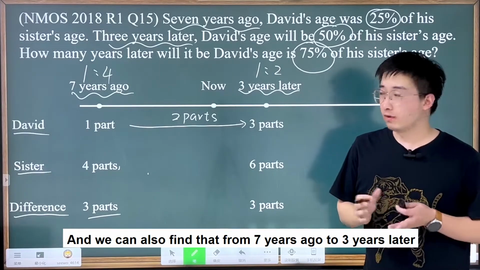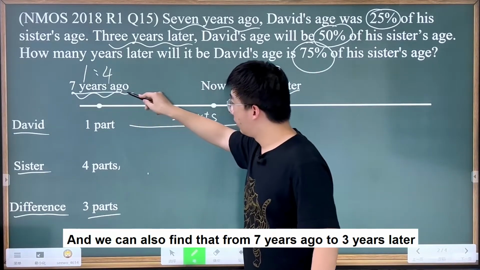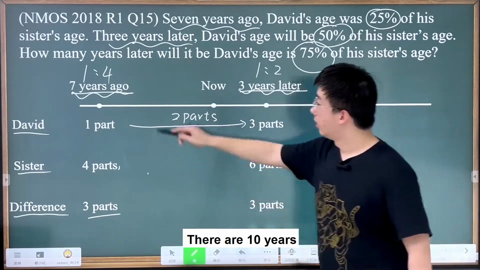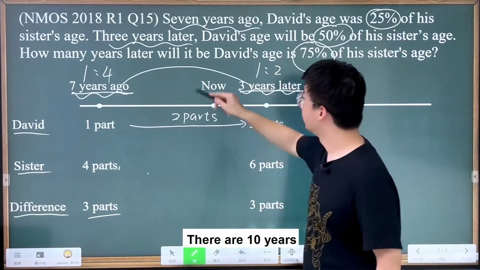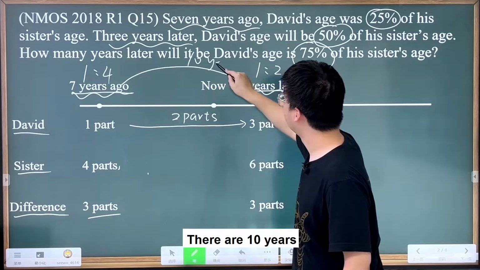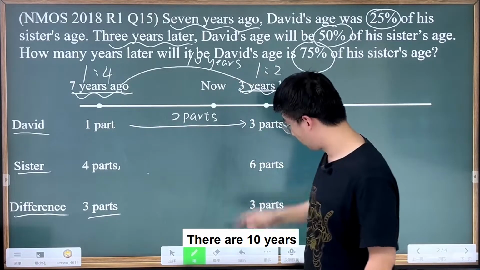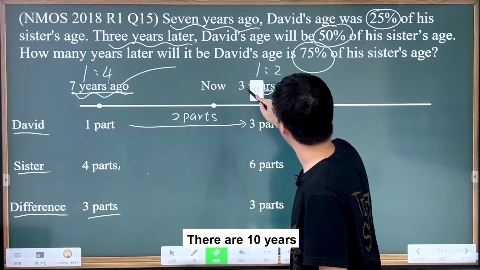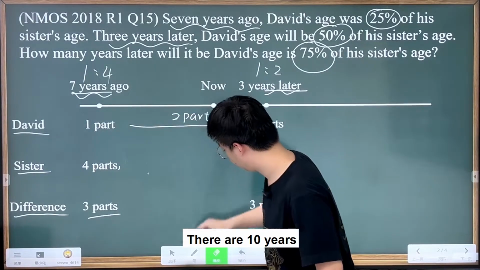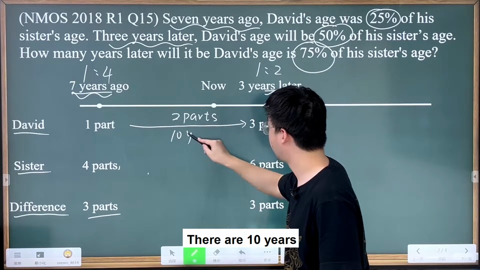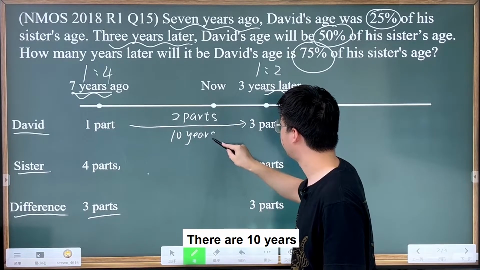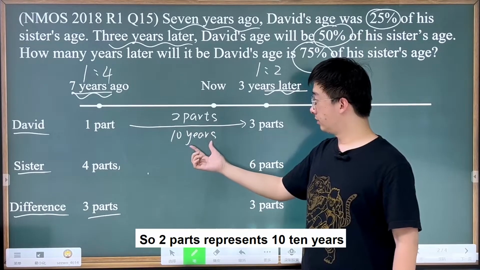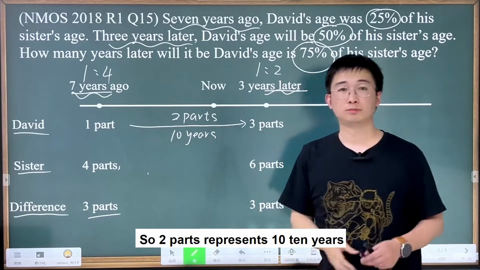And we can also find that from 7 years ago to 3 years later, there are 10 years. Okay, we can write it here.